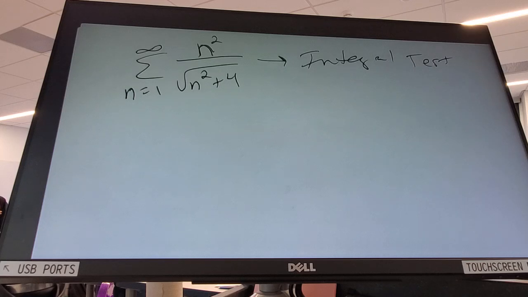That's so positive, it's crazy. How would you show it's decreasing? Take its derivative, yes. You guys got it with me? So that is definitely decreasing, so who cares?